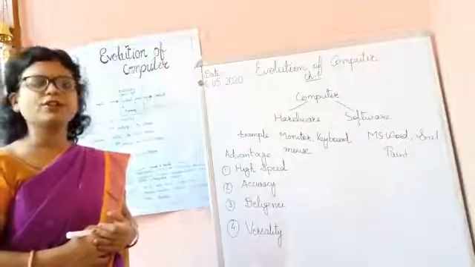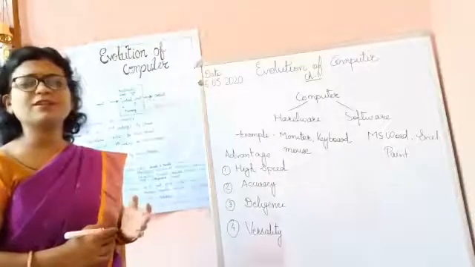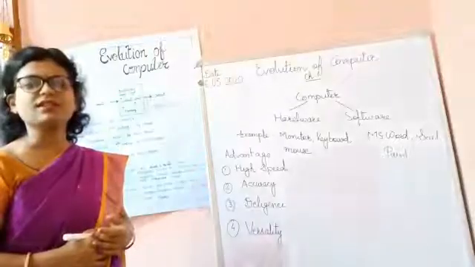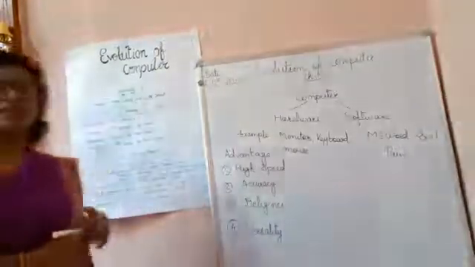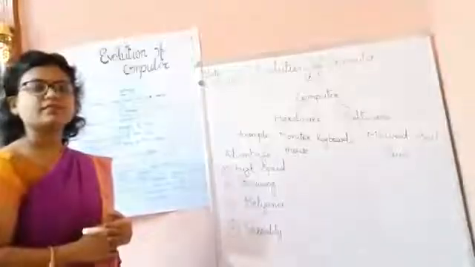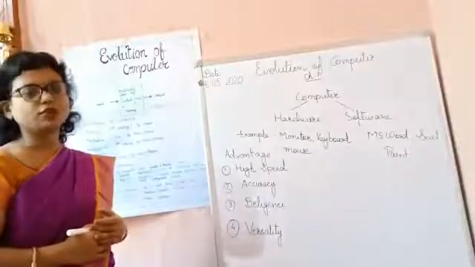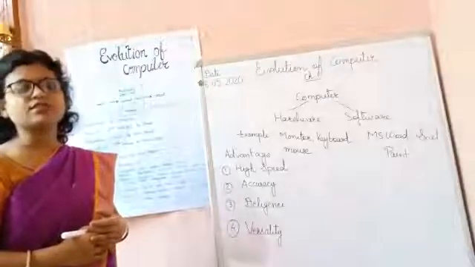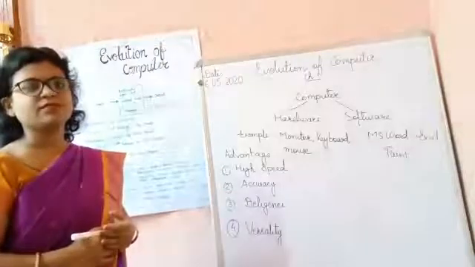Again, if I tell you about Charles Babbage, everybody knows Charles Babbage because he discovered the analytical engine. When? In the 19th century. The analytical engine does all the calculations: addition, subtraction as well as multiplication and division.